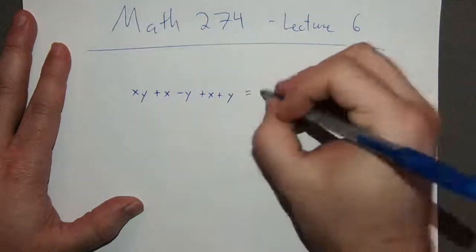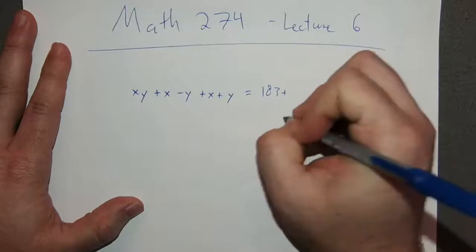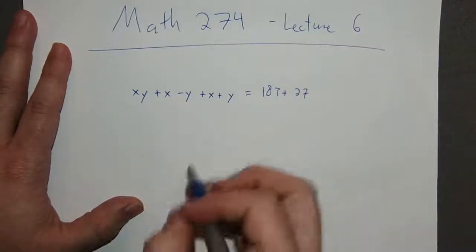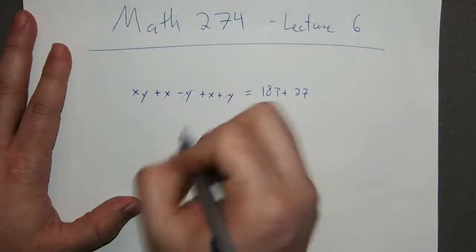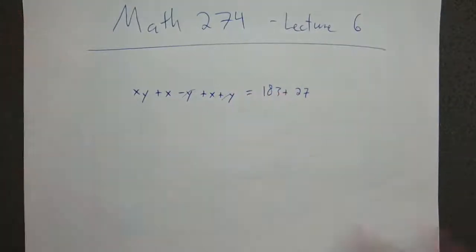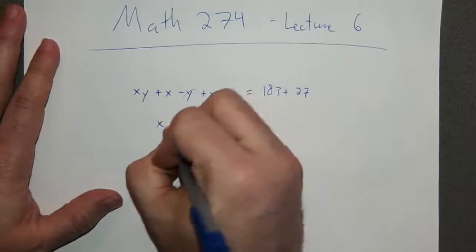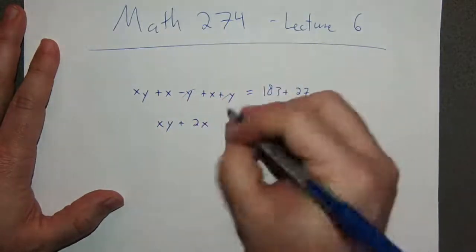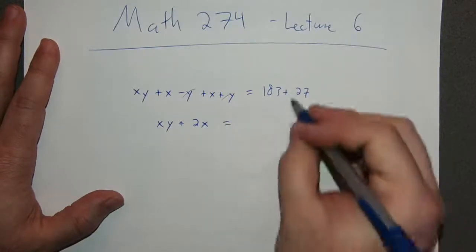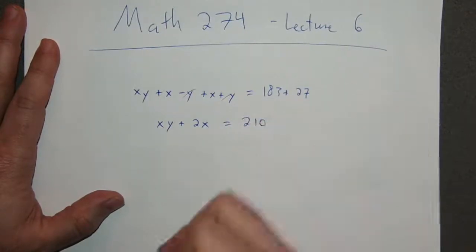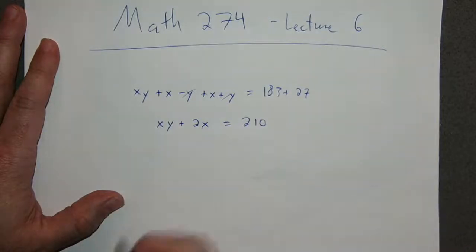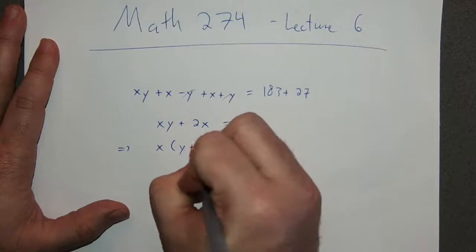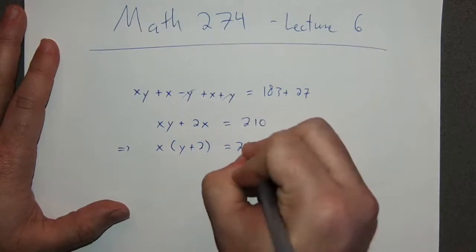And so this is supposed to be equal to 183 plus 27. And so on the left, the y's cancel, and I am left with x, y, plus x is plus 2x. And that's equal to 183 plus 27, which is 210. Factoring an x out here, this leaves me with x times y plus 2 is equal to 210.